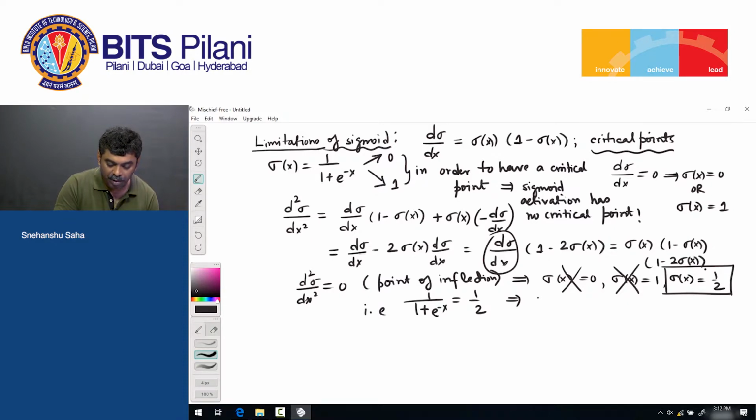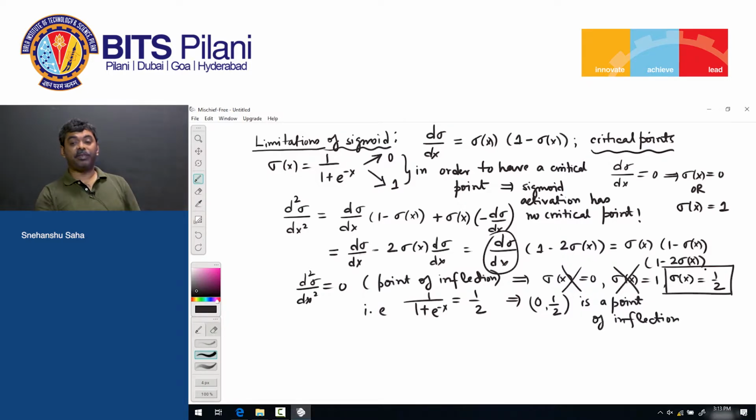So it's basically 0 comma 1/2 that is a point of inflection. We can see that if you think of the function itself. There is 0, 1/2 somewhere on the y-axis, and that's where the function starts flattening out.